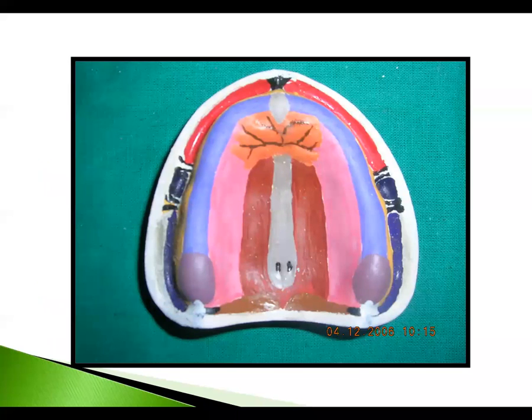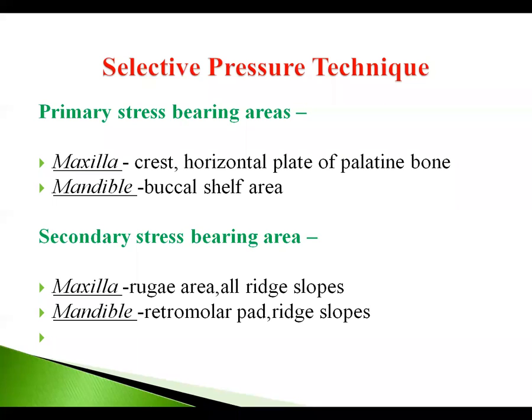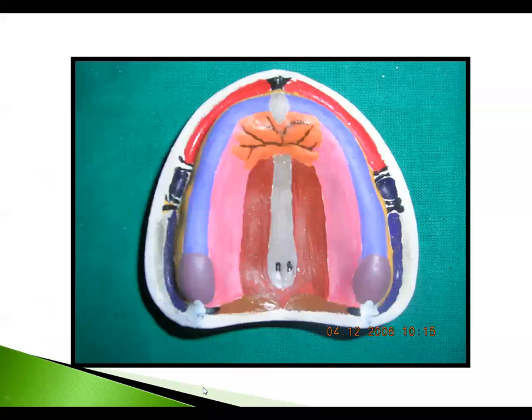This is the maxillary cast, you can see. First, the primary stress bearing area, as we can see, is the crest and horizontal plate of the palatine bone, and then in the mandible, the buccal shelf area. This is the crest, you can see here, and this is the horizontal plate. This is the primary stress bearing area.